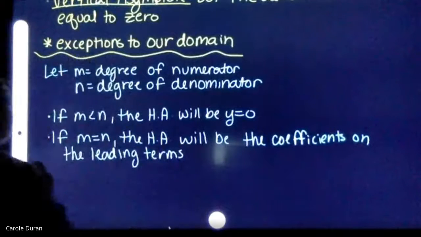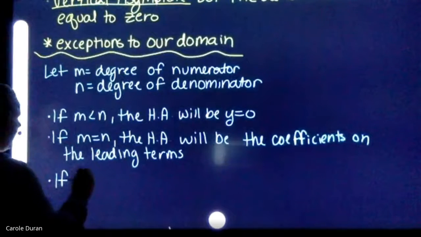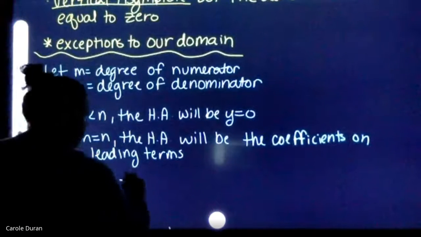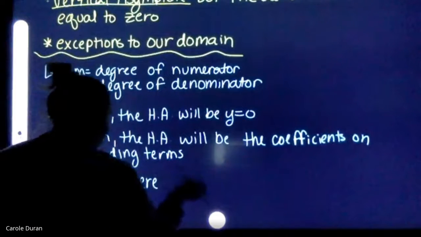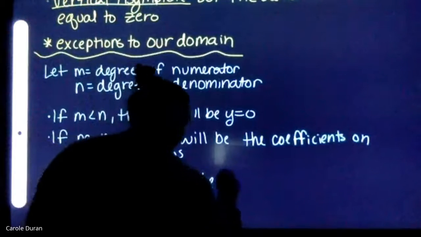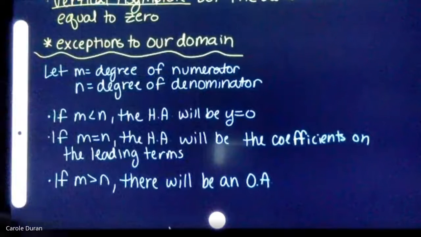I know that sounds confusing, but once we get into it, it's not that bad. And then the third one happens when the degree of the numerator is larger than the degree of the denominator. There will be no horizontal asymptote, but there will be an oblique. And we find that using our synthetic division.